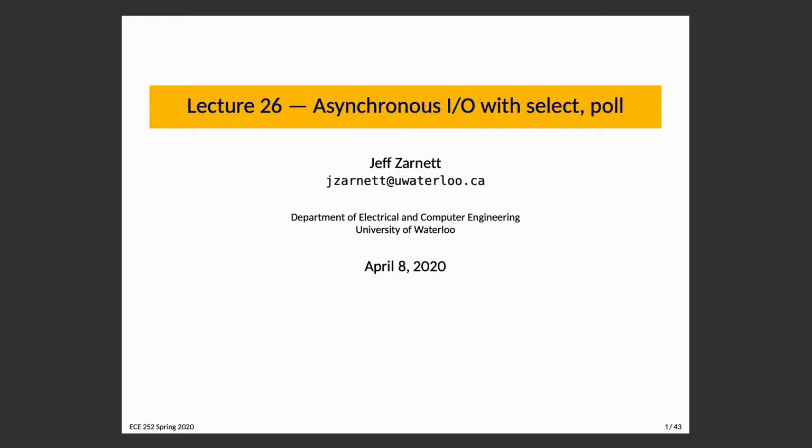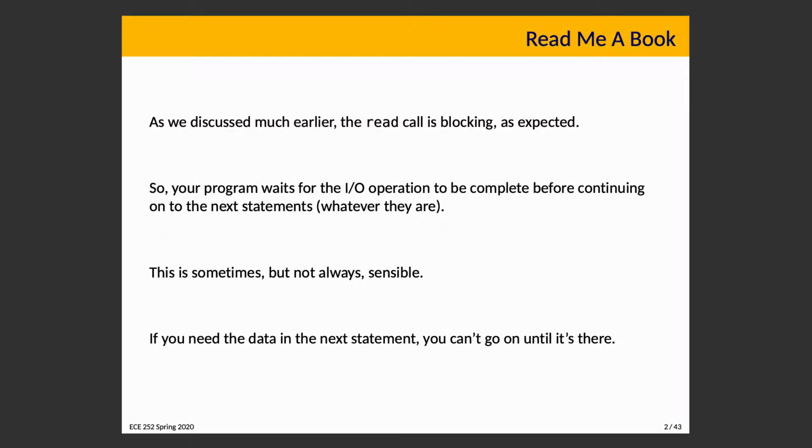Let's get started. As we discussed a lot earlier, the standard read code, where you open example.txt with the flag read-only, and then you call read on the file descriptor that you get back into a buffer, some number of bytes, is blocking.